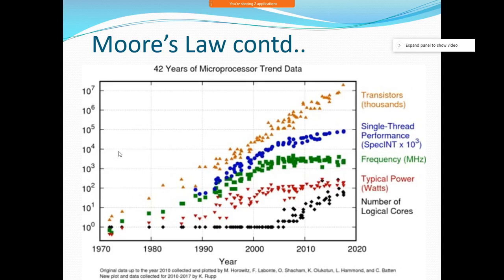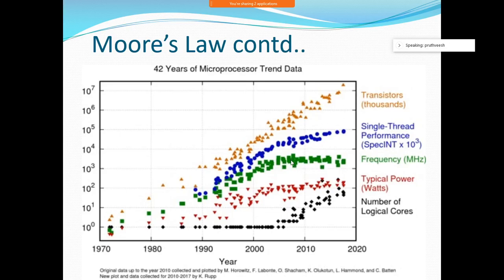This is 1 gigahertz, and this is 10 gigahertz. So this is almost close to 5 or 6 gigahertz. Frequency-wise, you can see it is almost flattened here. Even though you can have more and more transistors, you cannot achieve the frequency at that rate.